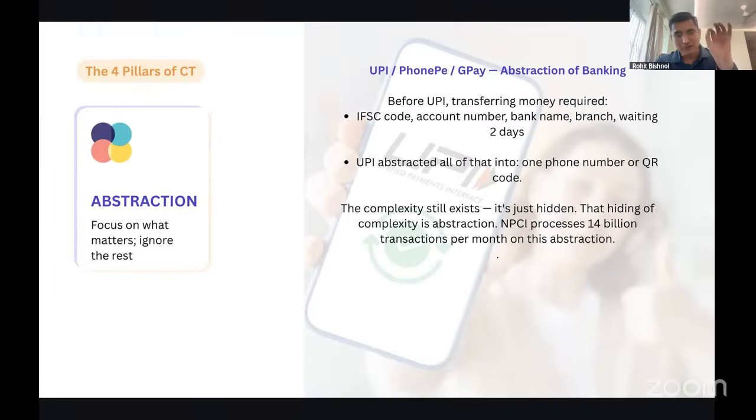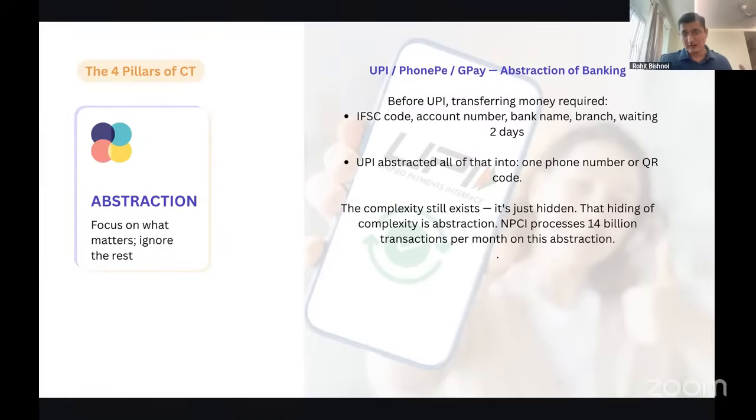You see, before UPI, I am 41 years old, before UPI, how did we used to transfer money? We used to do it using bank accounts or cards, or by checks also.